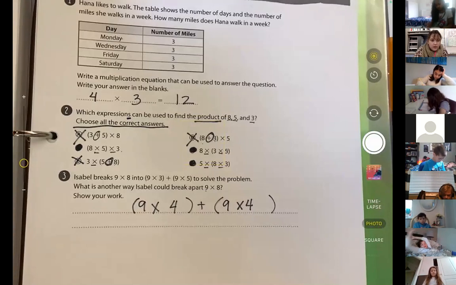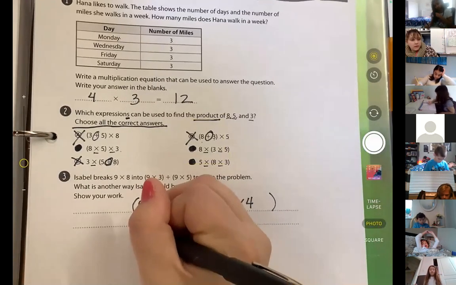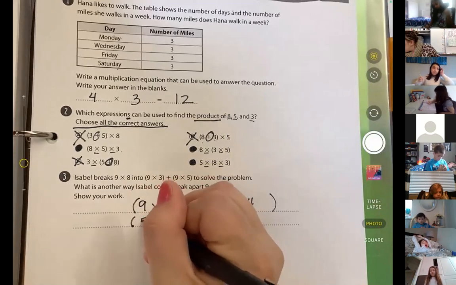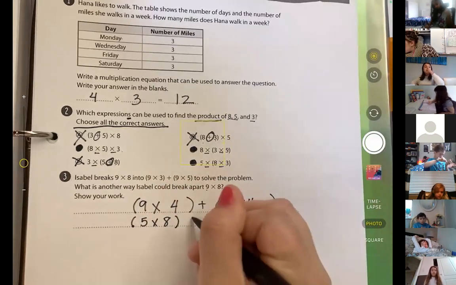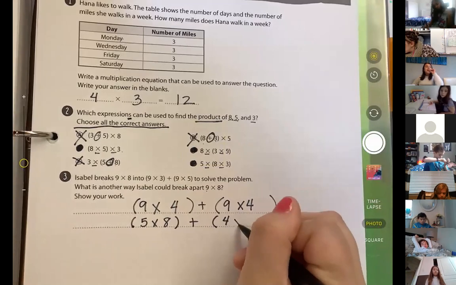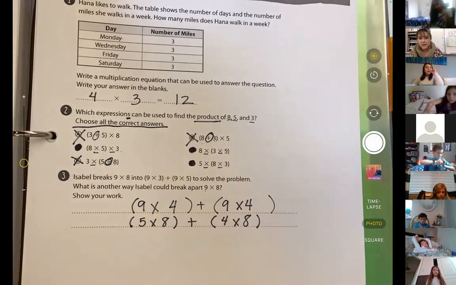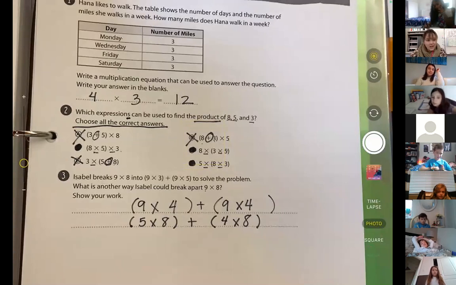It's breaking apart the 8, keeping the 9 the same. Okay, then I have another one. 5 times 8 plus 4 times 8. That's another way to do it. That one breaks apart the 9 and keeps the 8 the same.